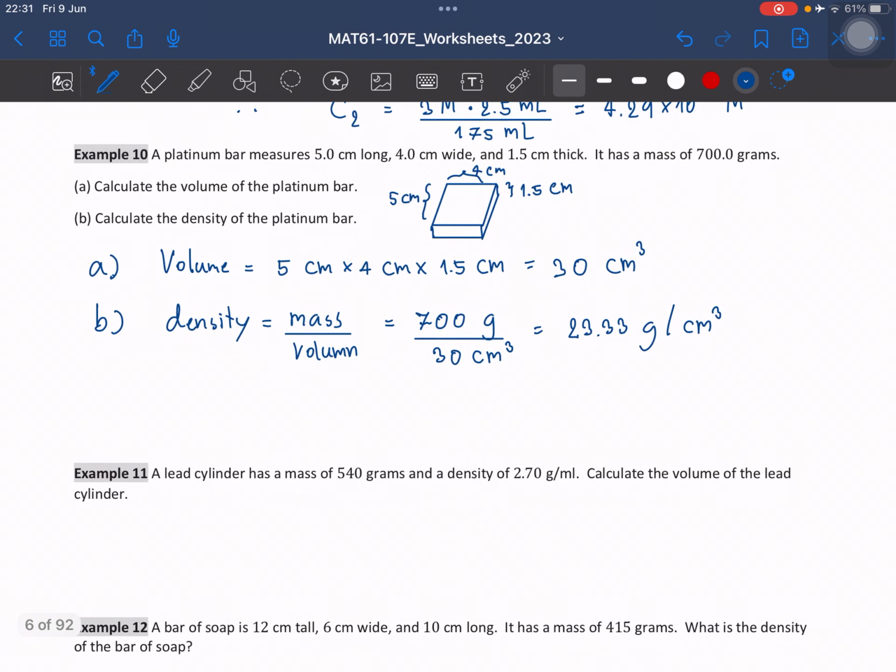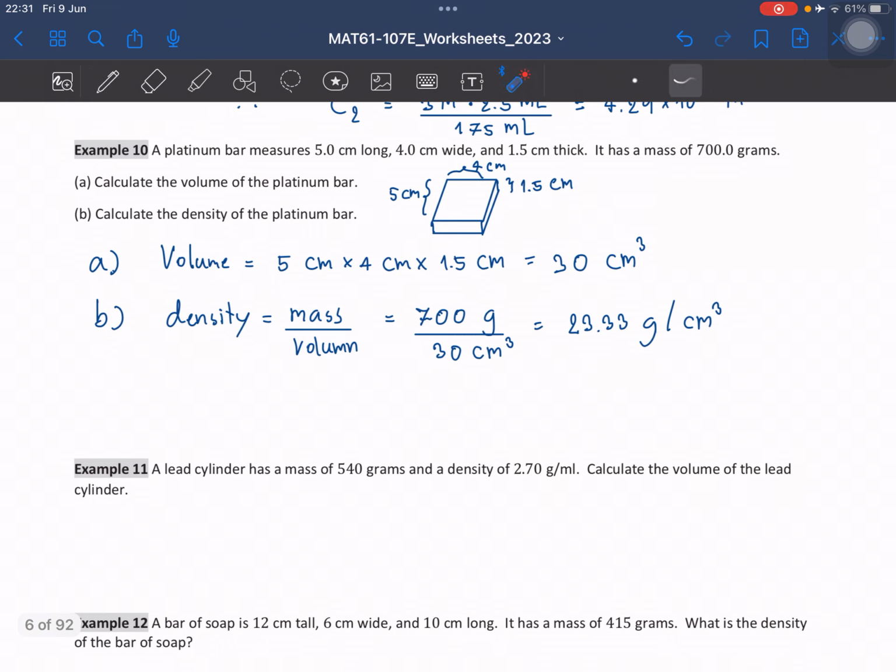Example 11. A lead cylinder has a mass of 540 grams and density 2.7 gram per milliliter. Calculate the volume of the cylinder. Again, density equals mass divided by volume.